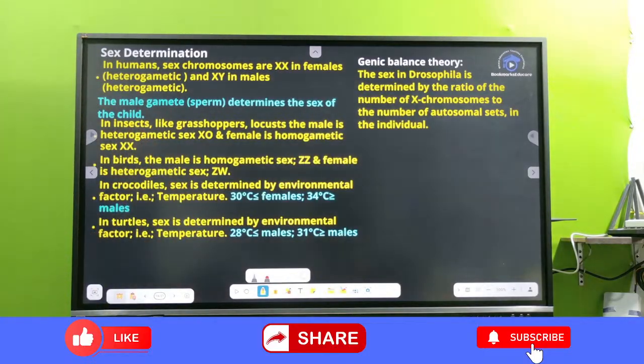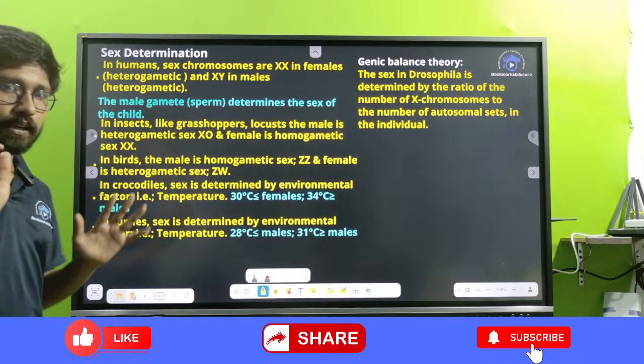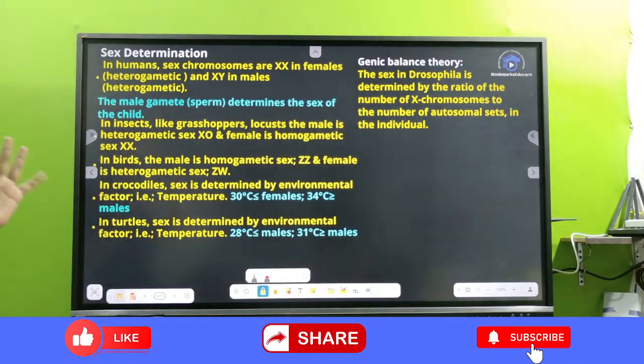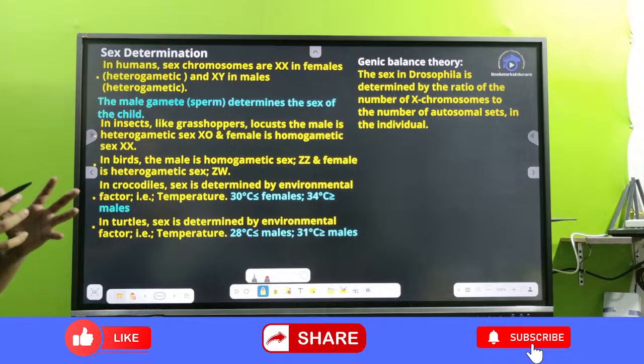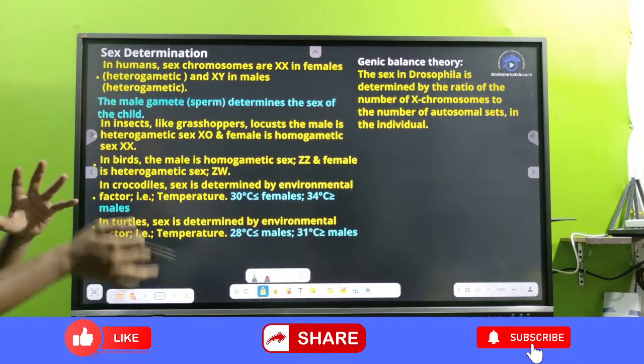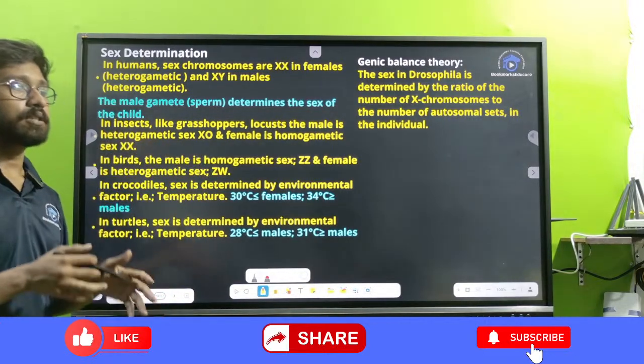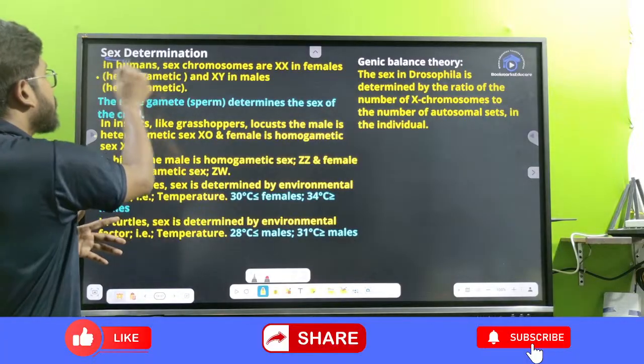Sex determination. We will study a few different types of sex determination to understand the differences between the processes.